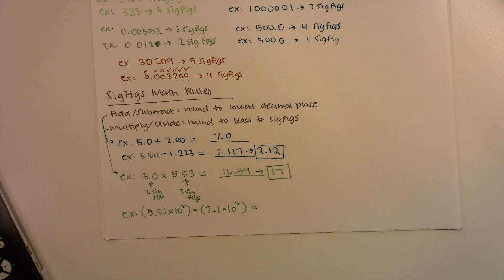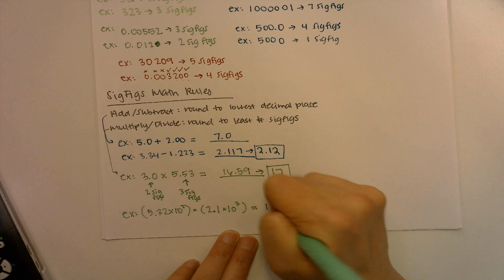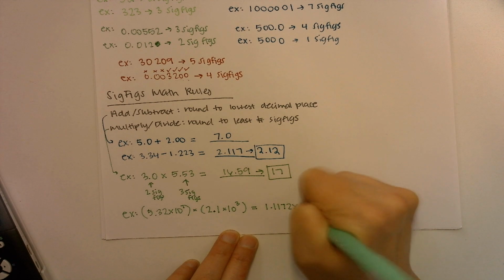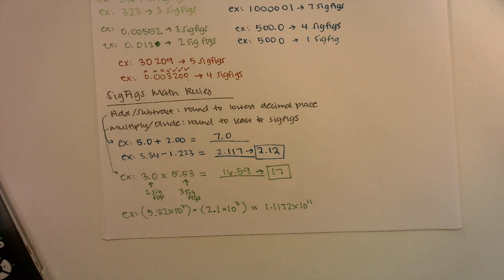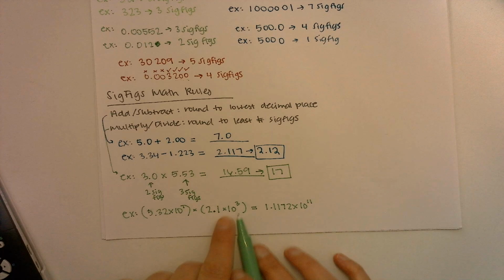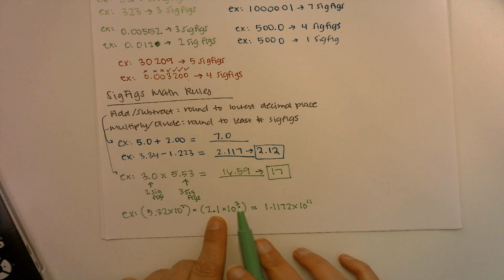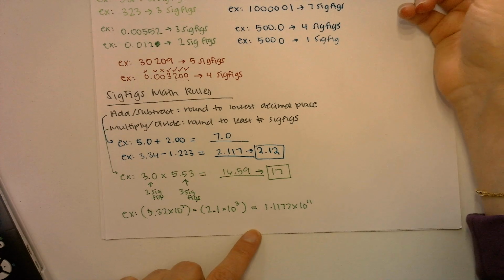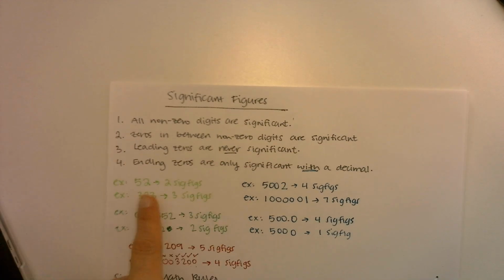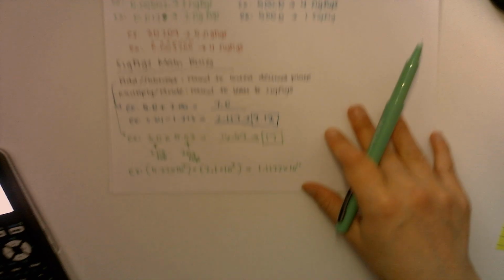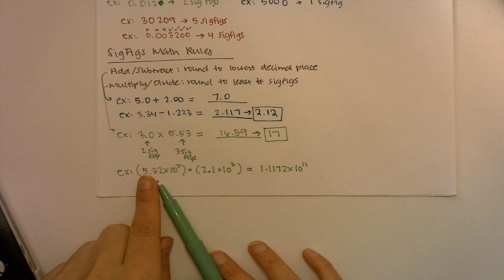When I plug this in, 5.32 times 10 to the power of 7 times 2.1 times 10 to the power of 3, according to my calculator I got 1.1172 times 10 to the power of 11. When it comes to counting sig figs in scientific notation, the times 10 and the exponent never count in sig fig rules. Looking back at the sig fig rules at the top of the page, there's no mention of scientific notation, so we are only looking at the normal numerical values.